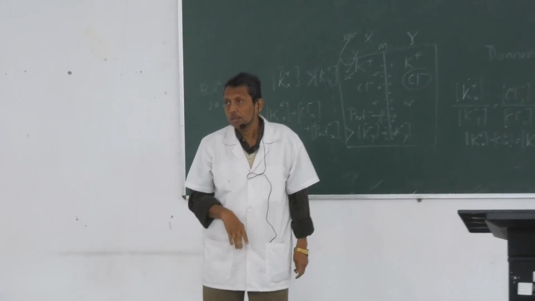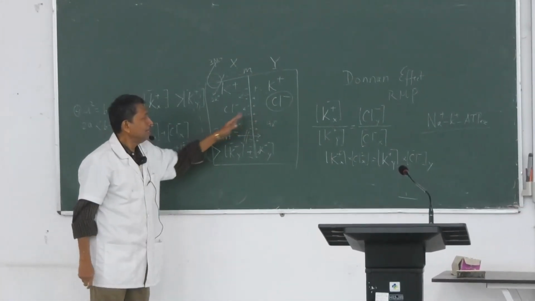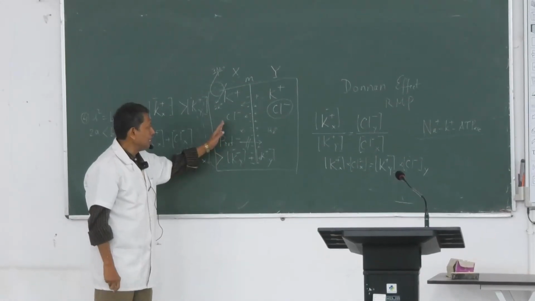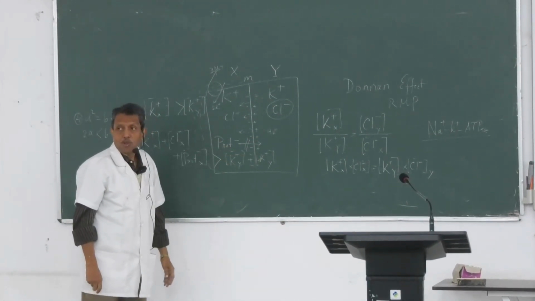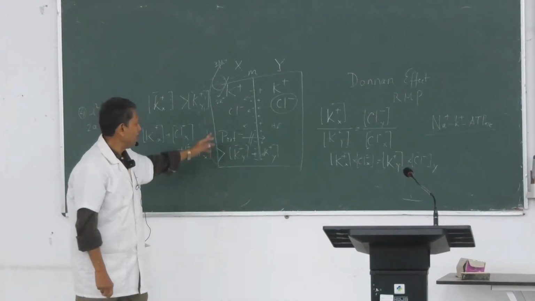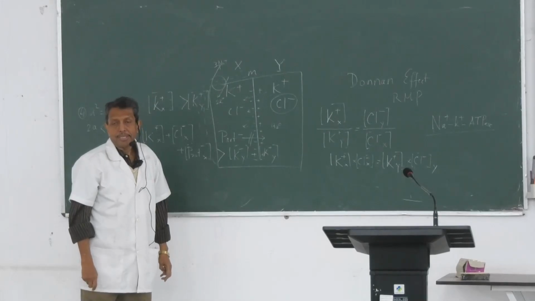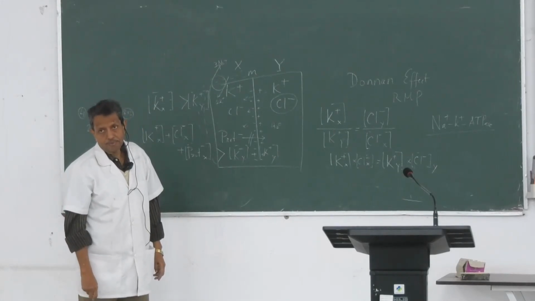Membrane. Everywhere else, in the bulk of the ECF or ICF, the charges are equal. There is no separation of charges.